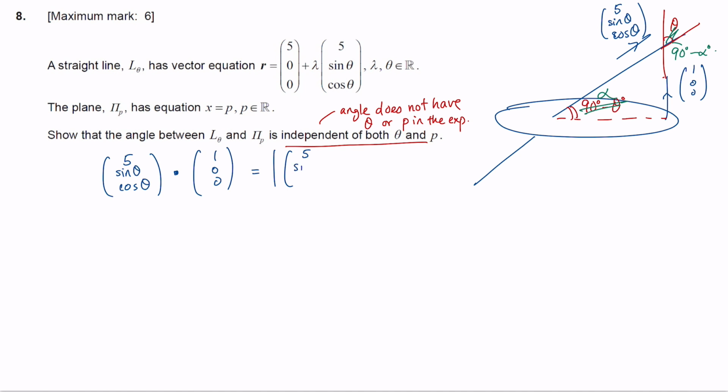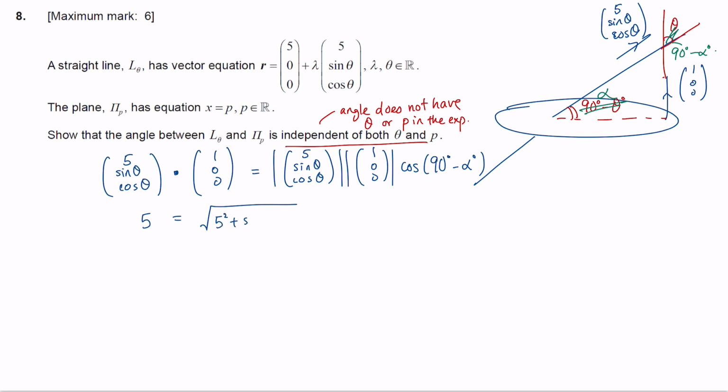So 5 sine theta cosine theta times mod of 100 cosine of 90 degrees minus alpha, where alpha is the angle between the line and the plane. So on the left hand side, I get 5, which is already independent of theta. That's good. Notice p doesn't even appear in the expression right now. So that should be good news for us.